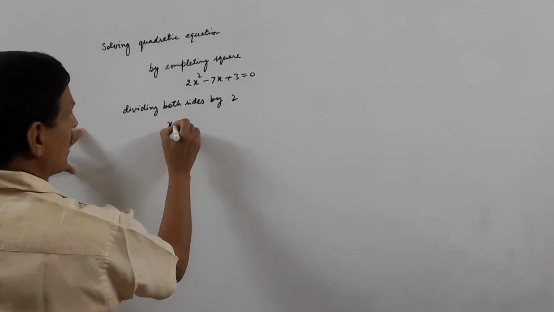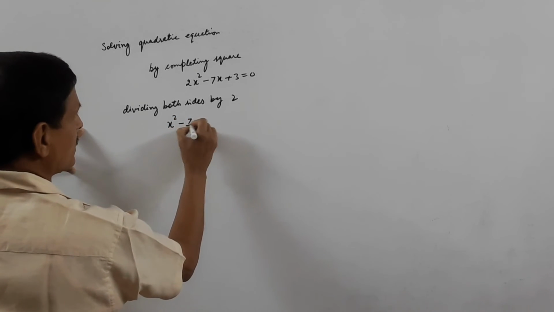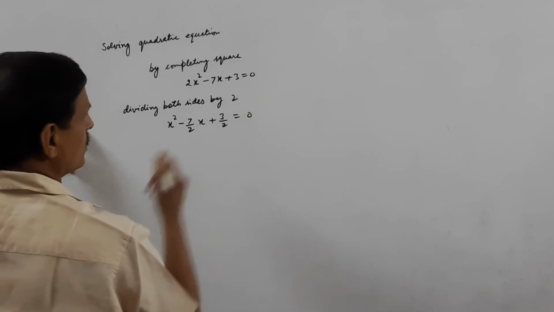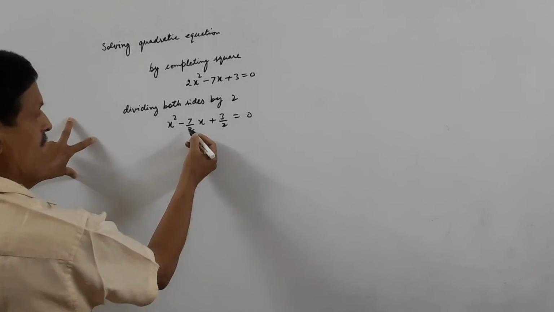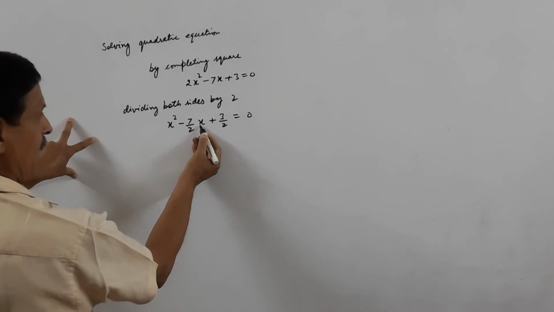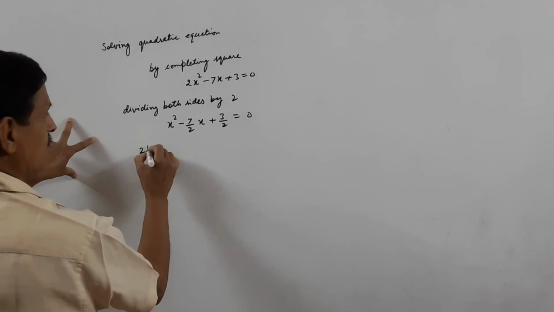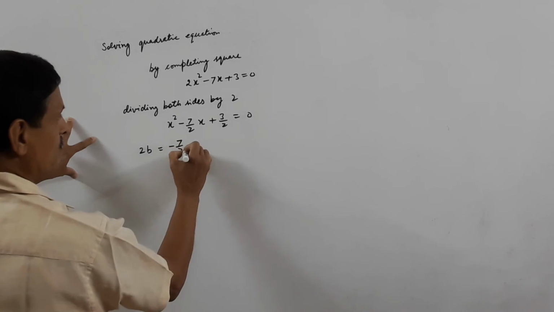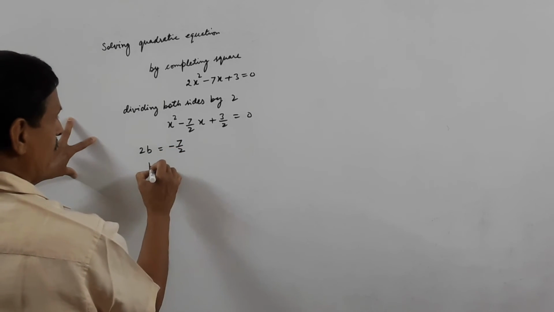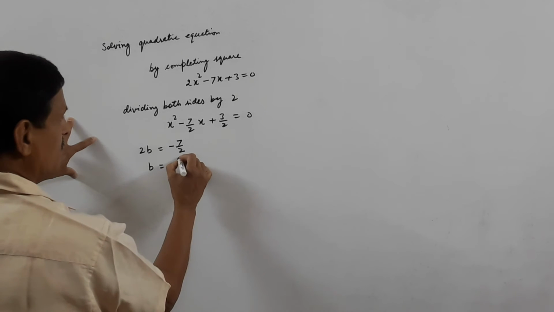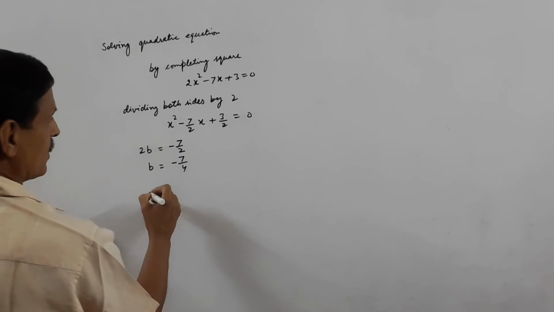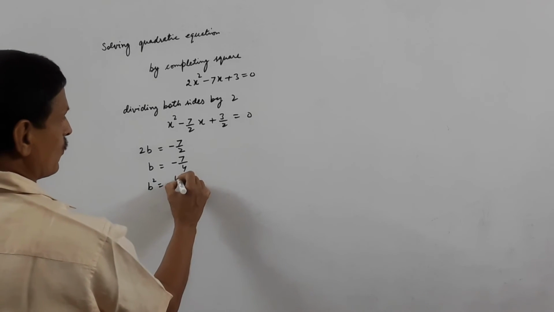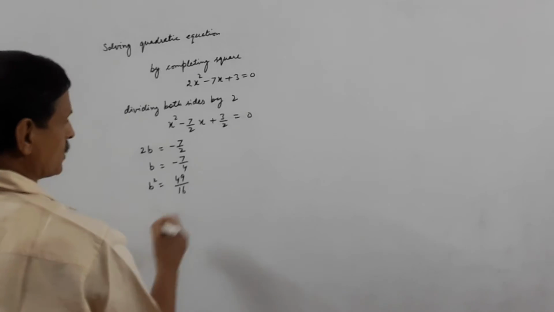Thus we get x square minus 7 by 2x plus 3 by 2 is equal to 0. We equate the coefficient of x with 2b. This is equal to minus 7 by 2 implies b is equal to minus 7 upon 4 or b square is equal to 49 upon 16.